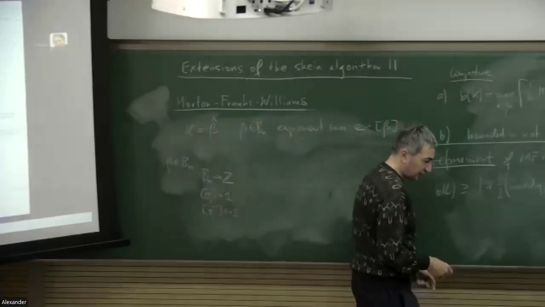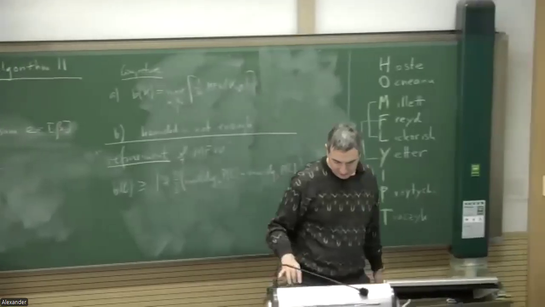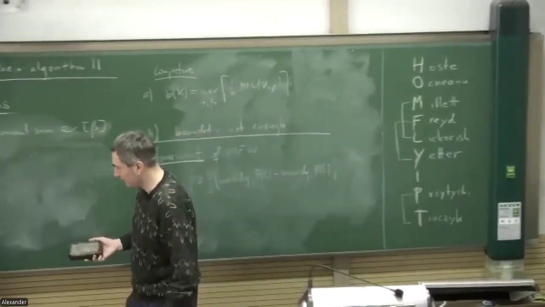And this is what I call the exponent sum of the braid.